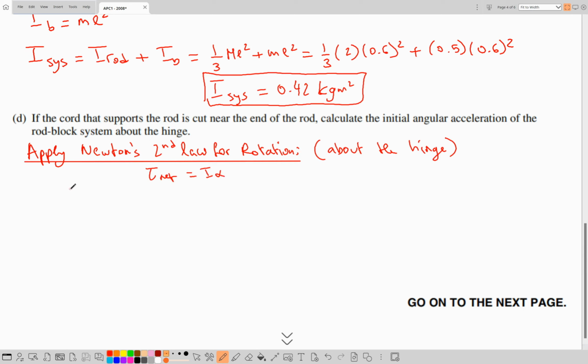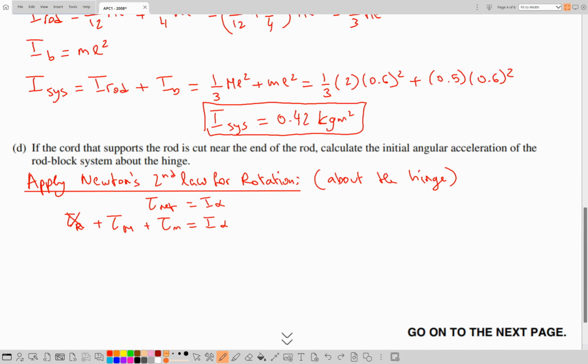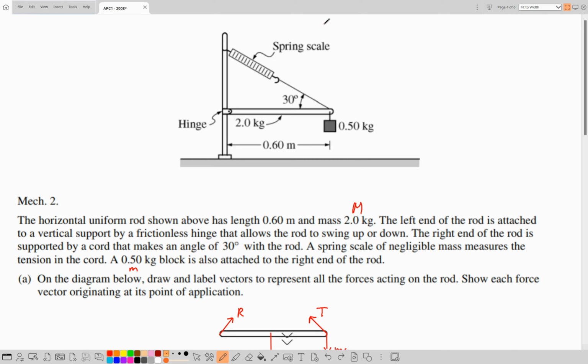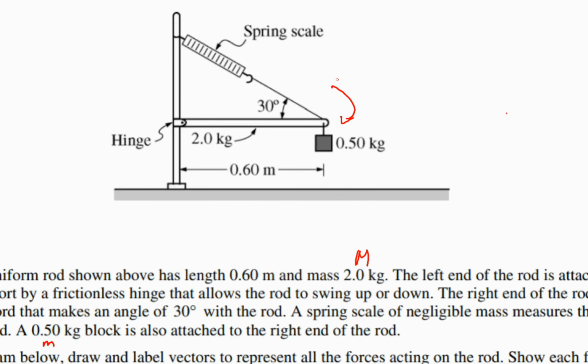Now what are the different forces that we have? We have the torque produced by the reaction, and that would be 0, plus the torque produced by the capital mass plus the torque produced by the small mass is equal to I alpha. And here notice that I didn't include the tension because it has been cut, so the string loses tension.